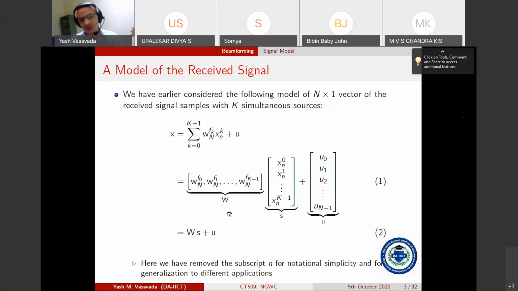Bipin, there is a lot of background noise. You can mute yourself temporarily. So, yes, in CT516, these basis vectors were all real value. Like what Bipin is pointing out, now these basis vectors are complex value.